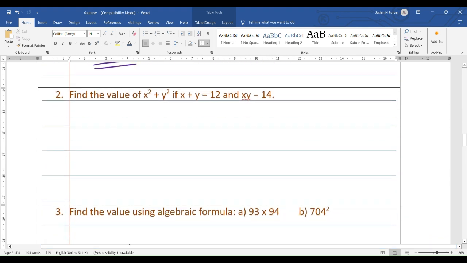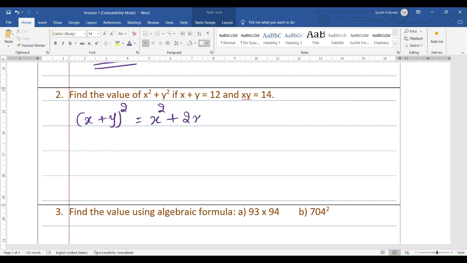The second question, find the value of x square plus y square if x plus y is 12 and xy is 14. Let's use the identity (x plus y) whole square is equal to x square plus 2xy plus y square. Therefore, (x plus y) whole square will be 12 square, that's going to be x square as it is, plus 2 into, in place of xy I can write 14, plus y square.